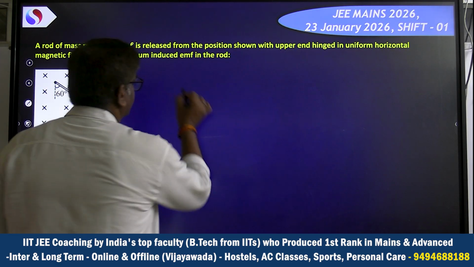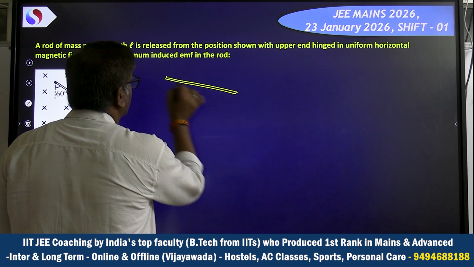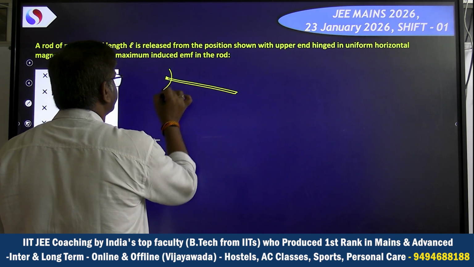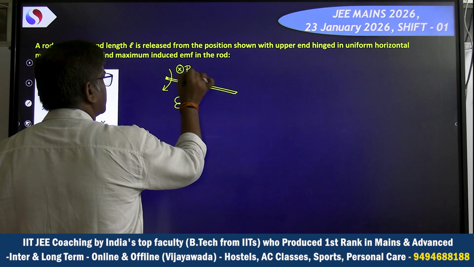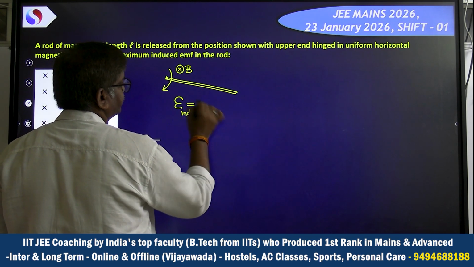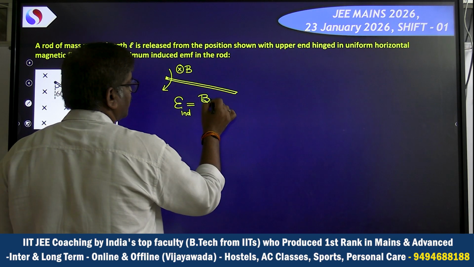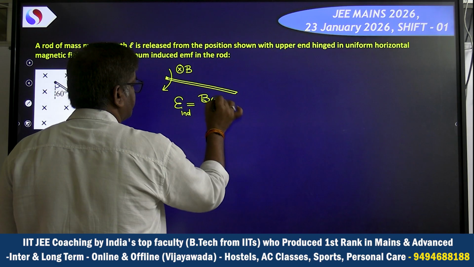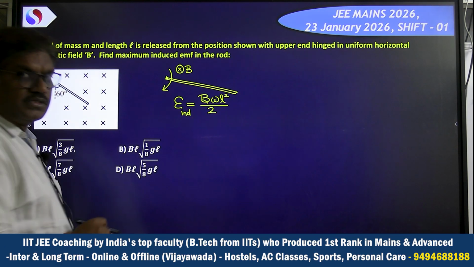So first we should know that if a rod is rotating about one of its ends in a magnetic field, then the induced EMF will be BVL. When you calculate it by integration, it comes as B omega L square divided by 2. All of you remember this?